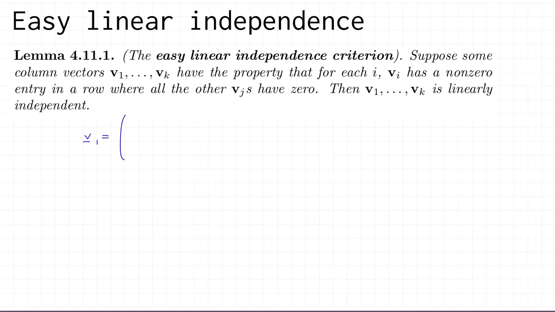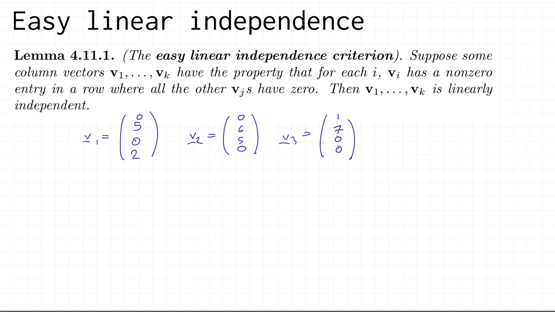Let's say we took v1 to be 2, 0, 5, 0, and v2 was going to be 0, 6, 5, 0, and v3 is going to be the vector 1, 7, 0, 0.